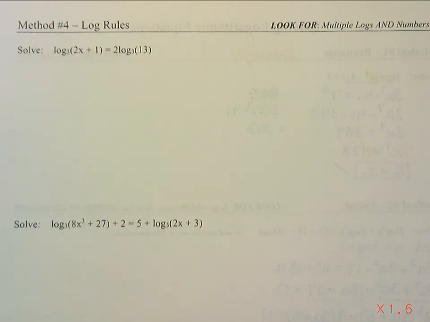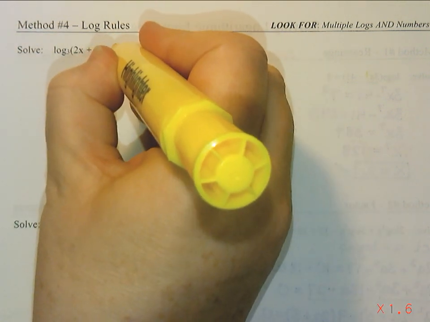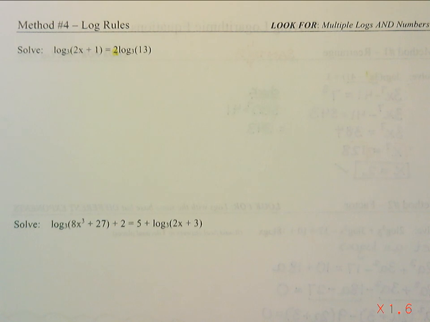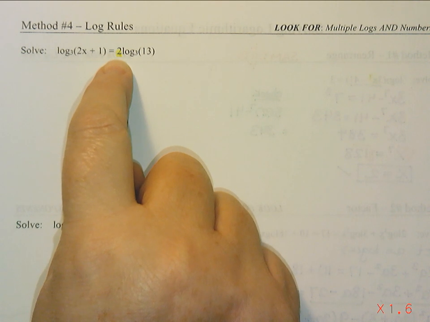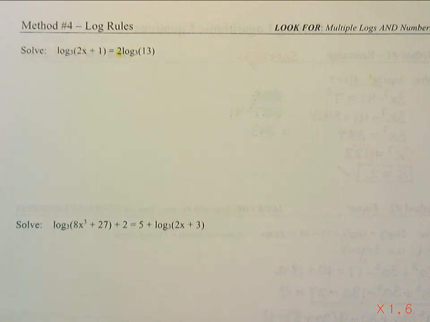Now, looking at this equation, it looks very similar to the previous question, but there is one little thing that's different about it, and that is this 2, right? Right now, I can't just set the two arguments equal because there's a coefficient here that's in my way. So I want to see if there's a way that we could rewrite this so that that coefficient is not there.